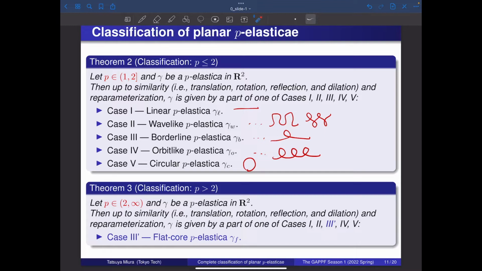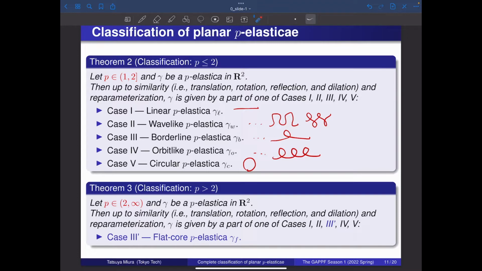Next, we address the remaining case, which means p is greater than 2. So in terms of the ODE, this case is the degenerate case. And in this degenerate case, any planar p-elastica is again, up to similarity and reparameterization, given by one of the 5 cases.